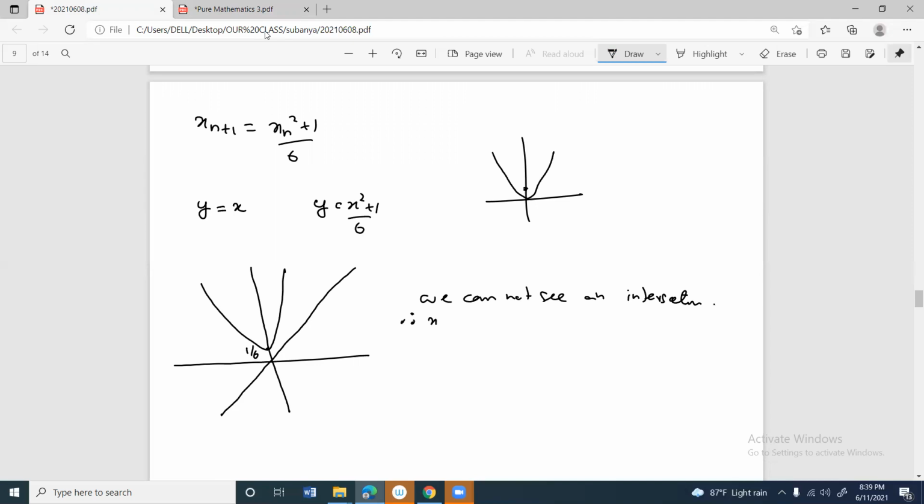Therefore, x0 equals 10 diverges and does not converge to a solution. That's a fact to understand with this. Is that clear? Hopefully that is fine.